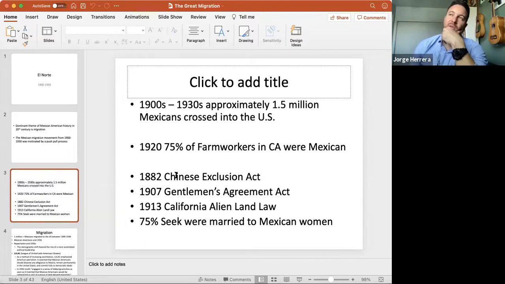And some historians would claim that might be due to the fact that a lot of them just up and left. So, huge migration. Usually the word great migration is designated to migration from Africa after slavery and all that, but I also use it here in the migration from Mexico.